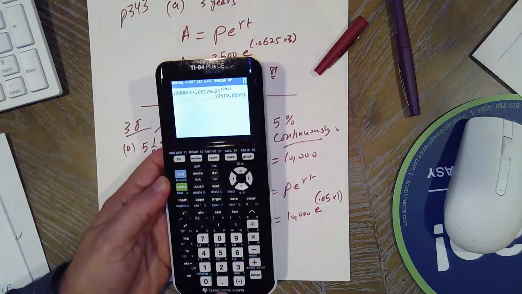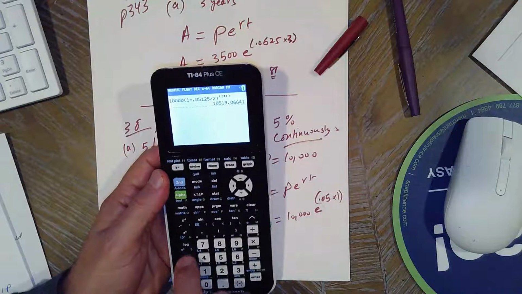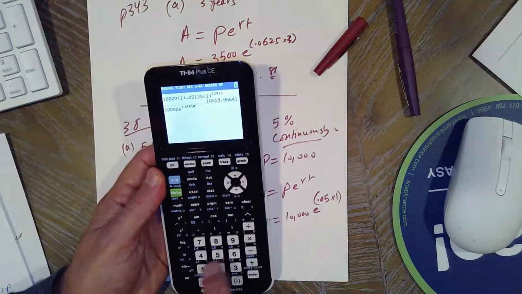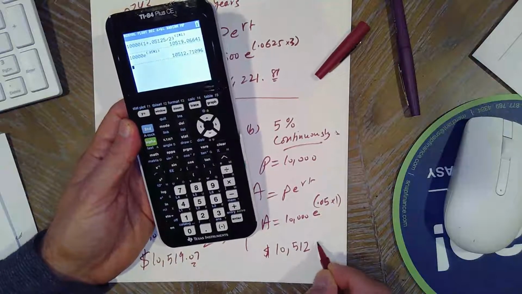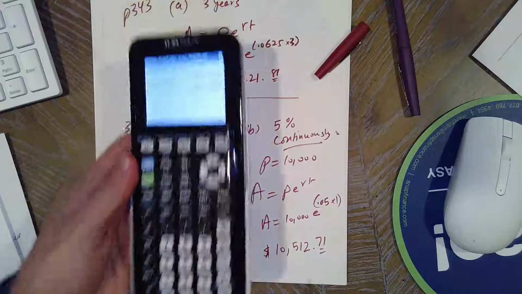Let's see the continuous one. 10,000 e to the power 0.05 times 1 gives me 10,512.71. So the first one is better because the rate is higher, okay?